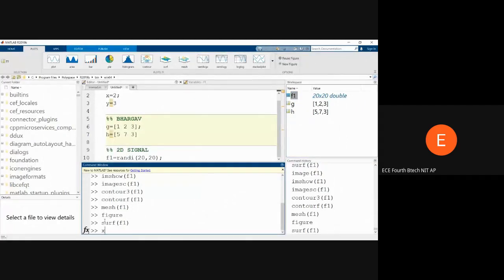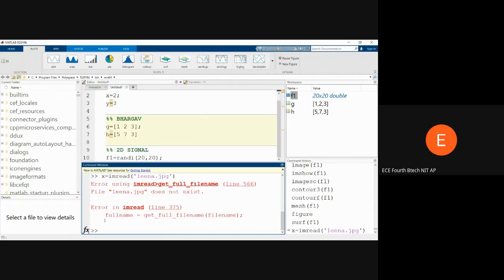x is equal to imread, and I don't know whether this will execute or not, Lena dot JPG. Let me check it. It is not there. Lena dot JPG doesn't exist, that's what it is showing. Lena dot TIF.